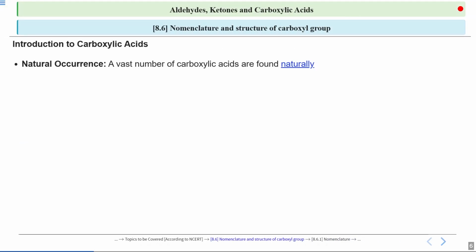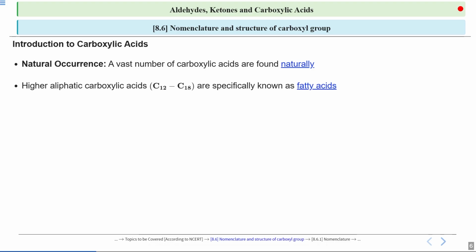Now let's look at the natural occurrence of carboxylic acids. Many of these acids are found naturally in various sources. The higher aliphatic carboxylic acids, especially those with carbon chains ranging from 12 to 18, are known as fatty acids, and they are significant in the context of natural fats.